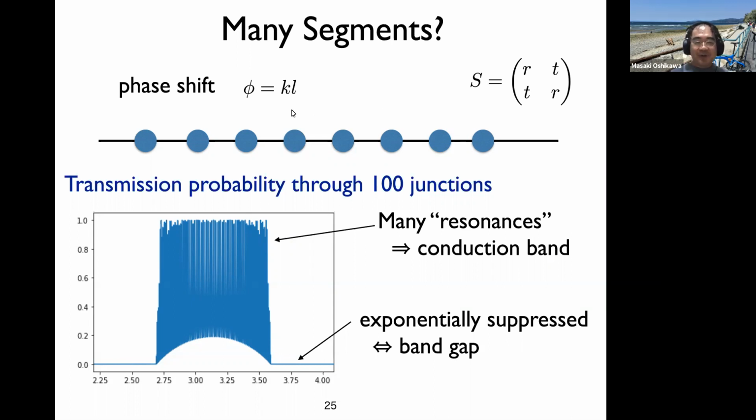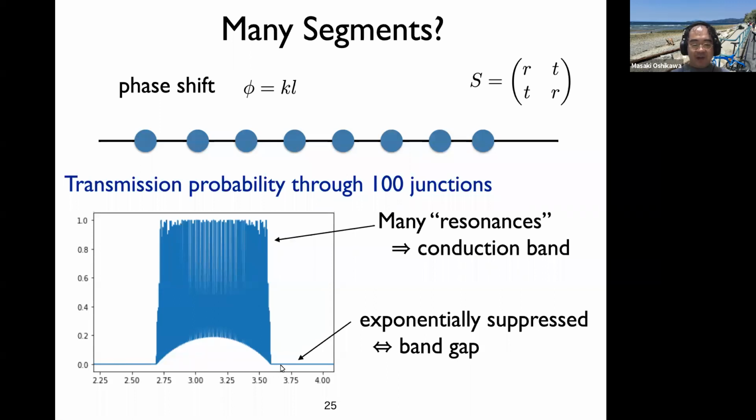Anyway, so for, let's say, 100 barriers, if you plot the total transmission probability through 100 junctions as a function of phase shift, then it looks like this. So it oscillates very rapidly, because you have many resonances, of order 100, because you have 100 junctions.